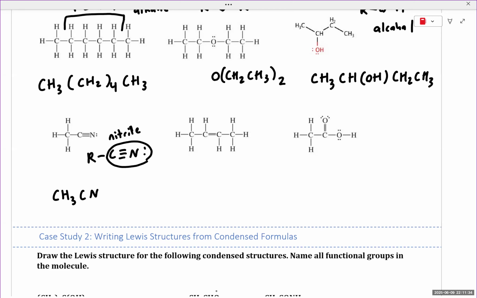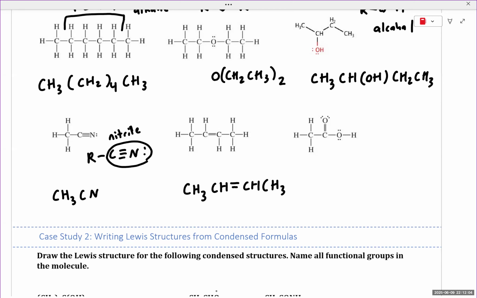Looking at this next case, we have a CH3 group followed by a carbon-carbon double bond, CH double bond CH, followed by CH3. In this case, you would not abbreviate it even though there is repetition because there's a carbon-carbon double bond separating and it's not entirely symmetrical across the double bond.